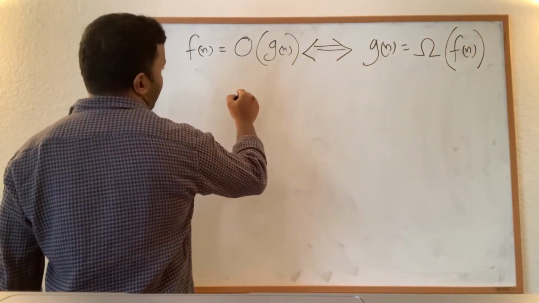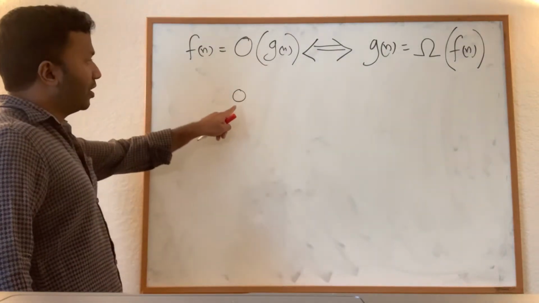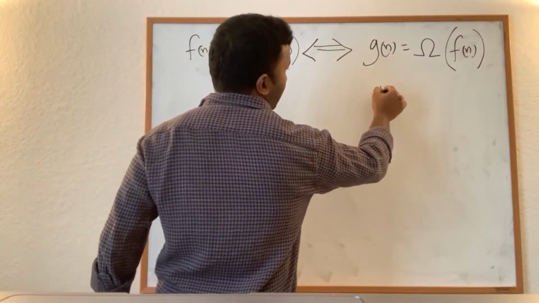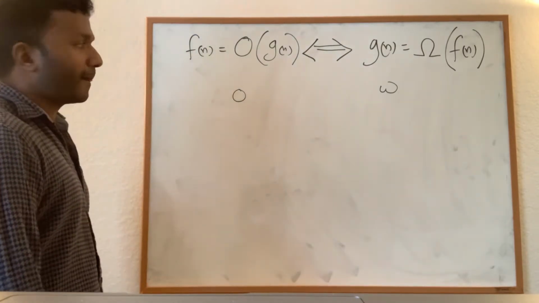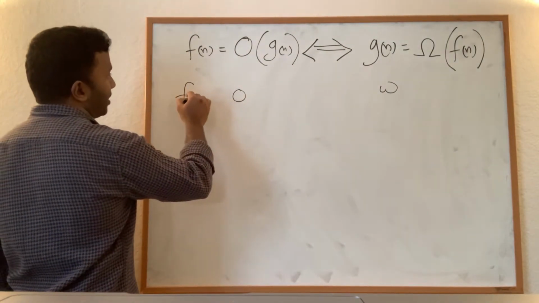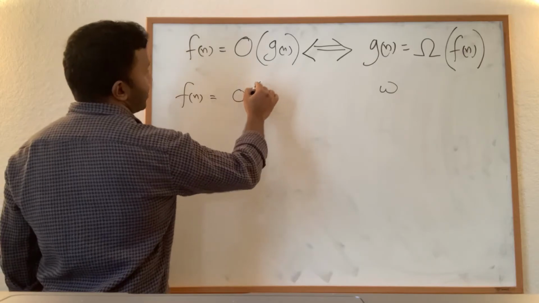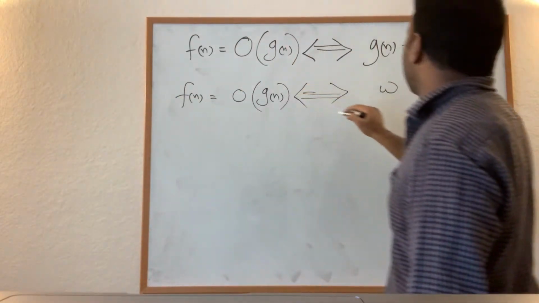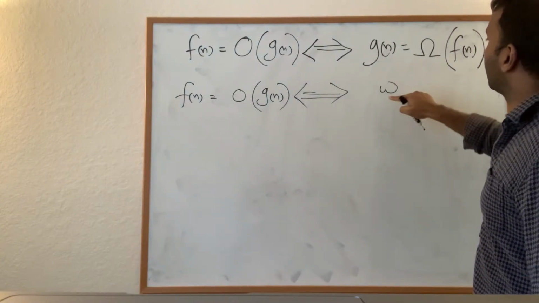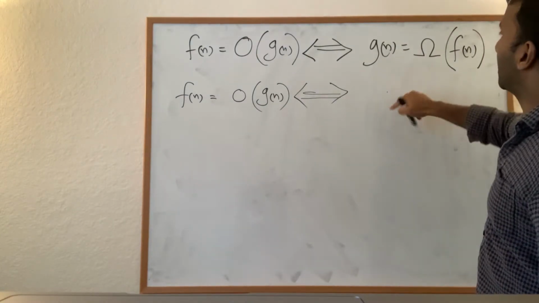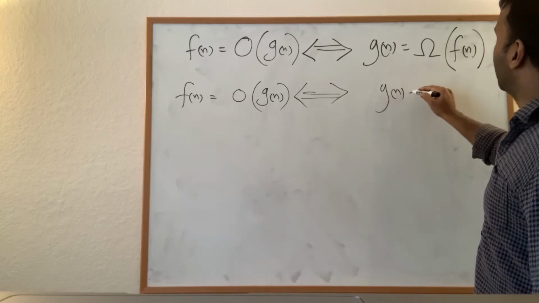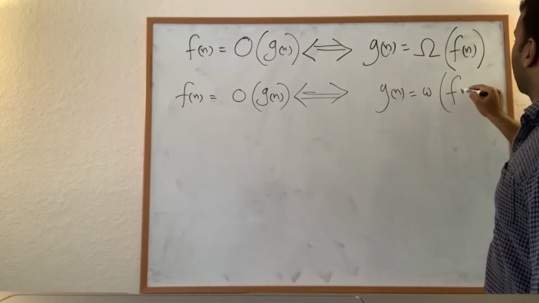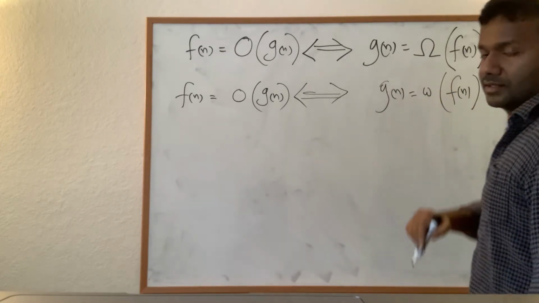And this is true for small o and small omega. If somebody tells you that this is true, then you can immediately say that g of n is this.